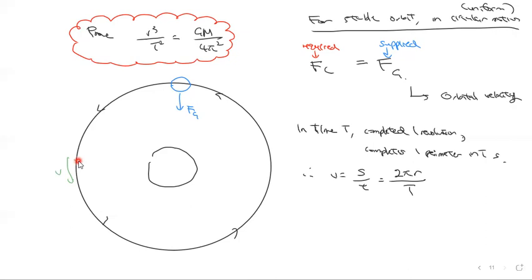So basically, to prove this formula, you simply need to let the centripetal force equal the gravitational force using the formulas we outlined before, and sub in v equals 2 pi r over t. Do a bit of algebra, and you'll get that. We've done it before. I'm just quickly reviewing the steps. And then that's proven.